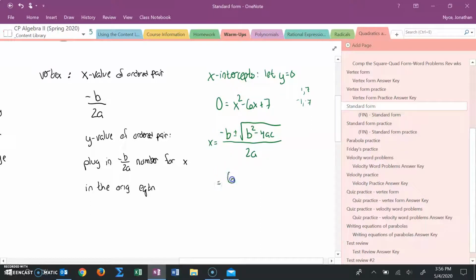So we end up with 6 plus or minus the square root of 36 for -6 squared, minus 4 times a, which is 1, times c, which is 7, all over 2 times a, which is 1.